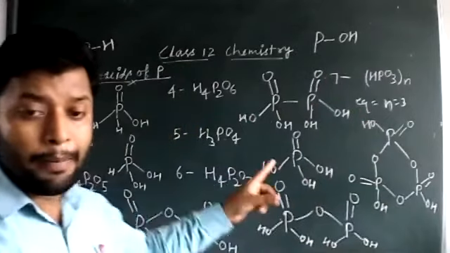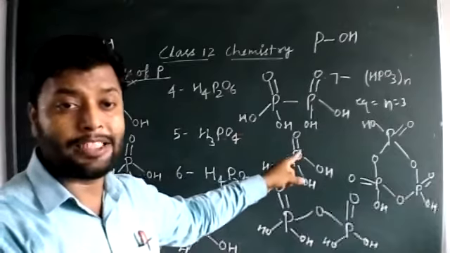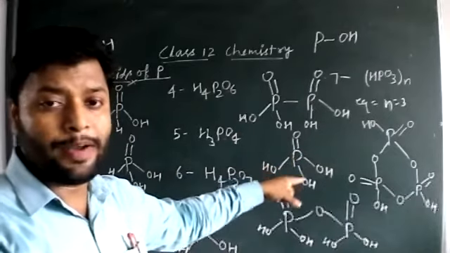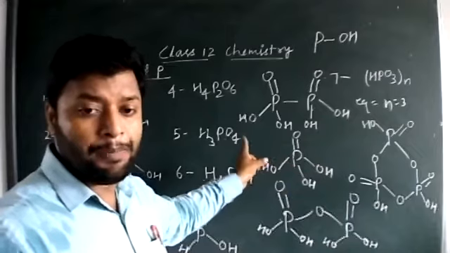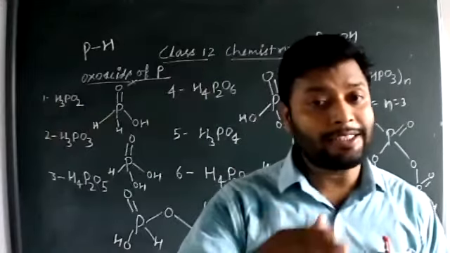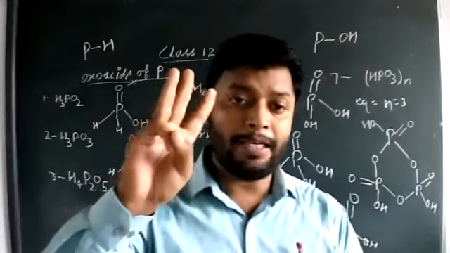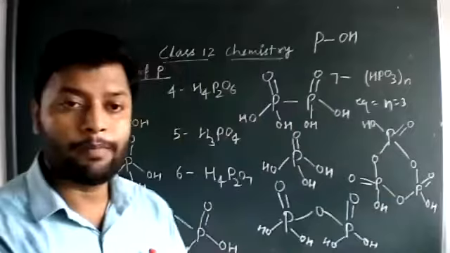So you can see per molecule the P-OH bonds in H3PO4 are maximum, 3 P-OH bonds. So H3PO4 will be most acidic because per phosphorus atom there are 3 P-OH bonds.